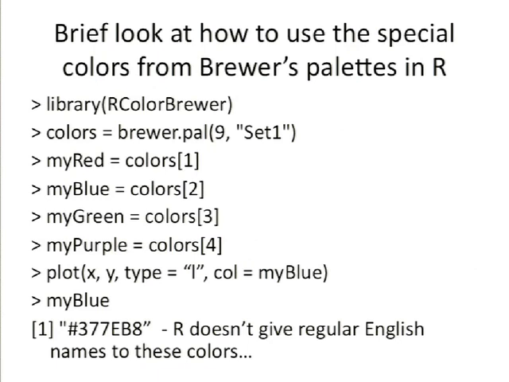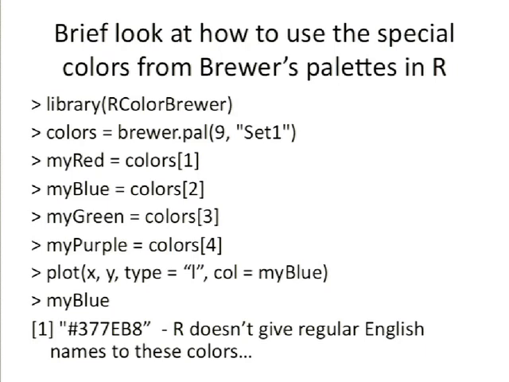So I can plot an X by a Y, make it a line type, color equals myBlue. So myBlue now is a vector of length 1 that's got the name of that special blue from Cindy Brewer's set 1 palette. If I were to type myBlue in, this is the name of that color.